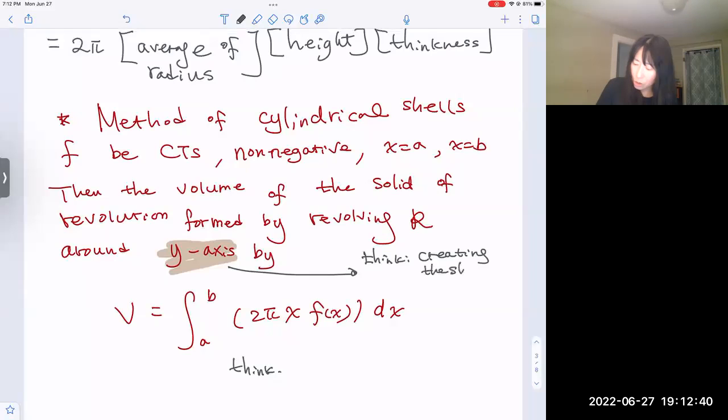How about just making shells in the x interval? Because y-axis, x-axis is a little bit confusing, okay?